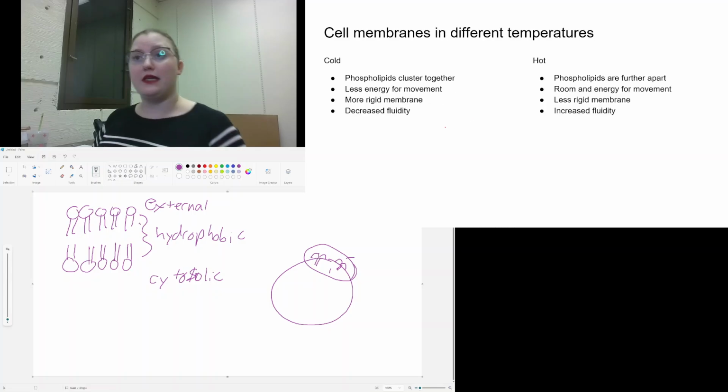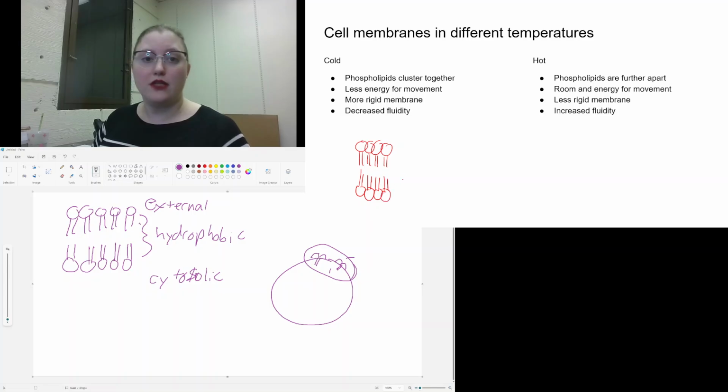Okay, the first is cold versus hot. So if we think about this cold temperature, right? Our phospholipids are going to pack really tightly together. There's less energy for them to be moving. They're going to be very close together.